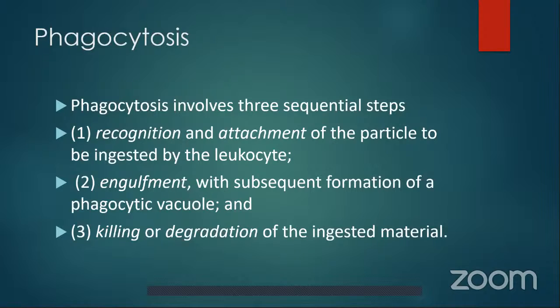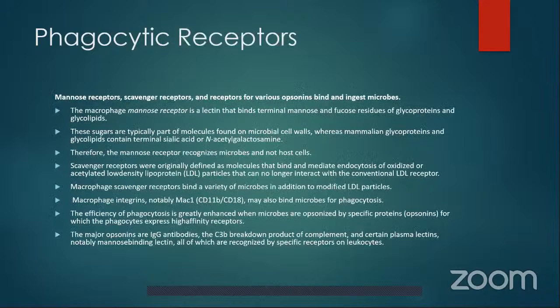One is the recognition and attachment of the particle to be ingested by the leukocyte. Second, after it gets attached, it is going to be engulfed. That's called engulfment, with the subsequent formation of a phagocytic vacuole. And after that, whatever has been ingested is going to be killed and degraded. So these are the three steps of phagocytosis.